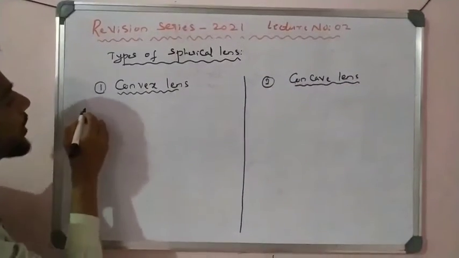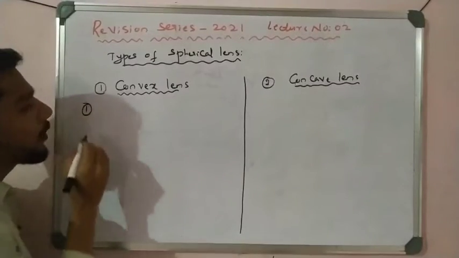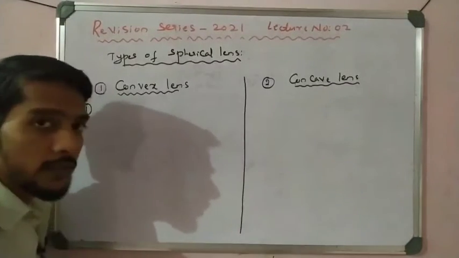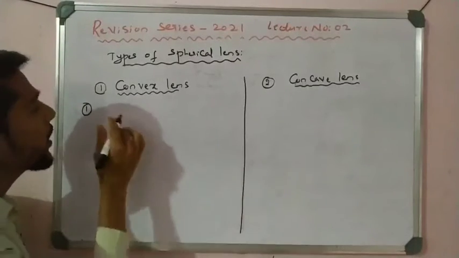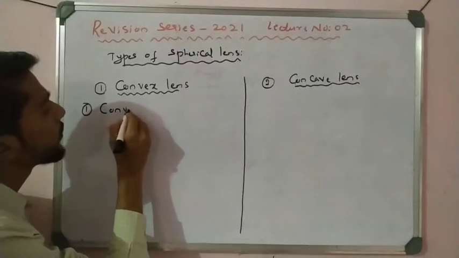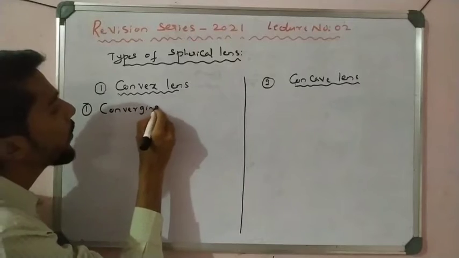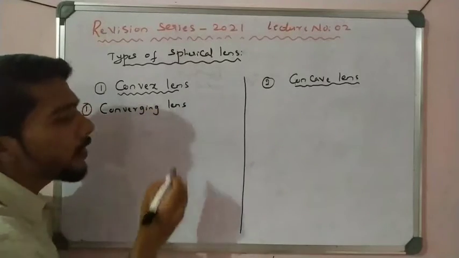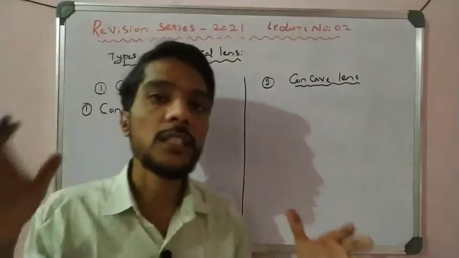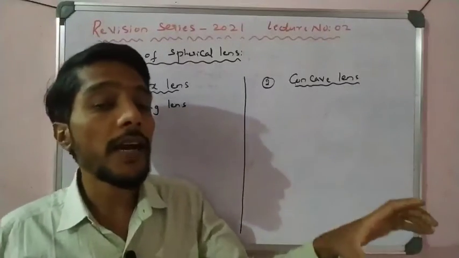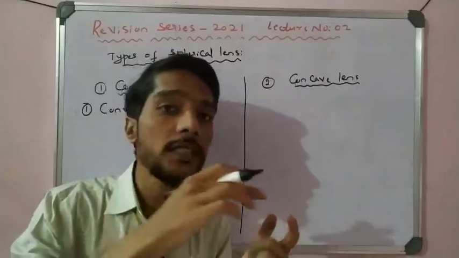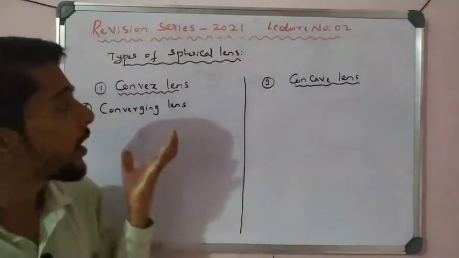Now I can start with a diagram here. First I take the definition. A convex lens is also called a converging lens. We know that when rays of light parallel to the principal axis are refracted by the lens, they are focused at one point, so it is called a converging lens.